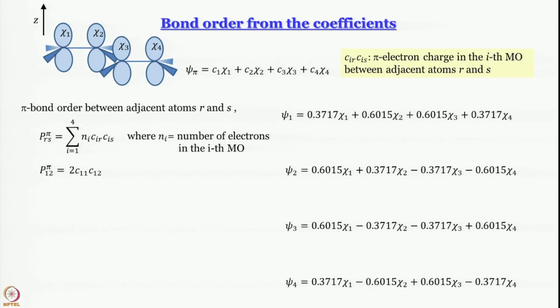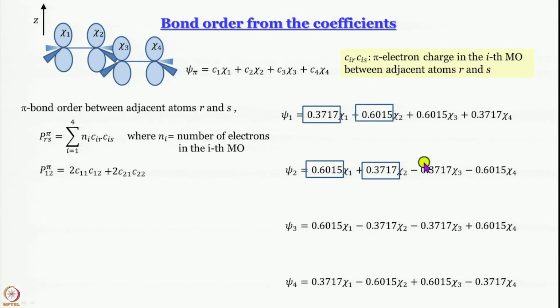Then again Psi2 also has 2 electrons. So, 2 into C21 into C22. Okay. We do not go any further because there is no need of considering Psi3 and Psi4 because they are not even populated. So, what is C11? 0.3717. What is C12? 0.6015. What is C21? 0.6015. What is C22? 0.3717.